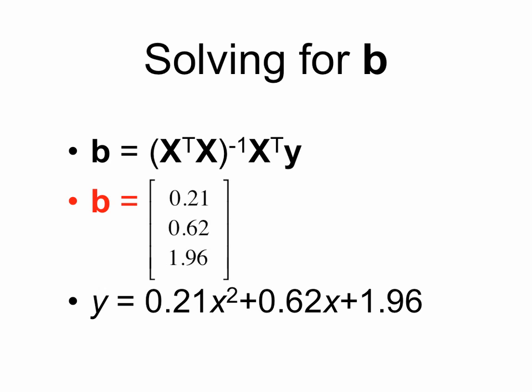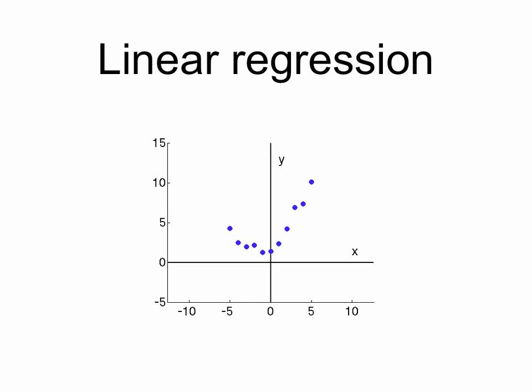So for B, the first parameter we get out is the coefficient for x squared, the second is the coefficient for x, and the third is the coefficient for 1, or in this case just the constant c. So our resulting fit is 0.21x squared plus 0.62x plus 1.96. Let's see what that linear regression result looks like. Well, it looks pretty good.